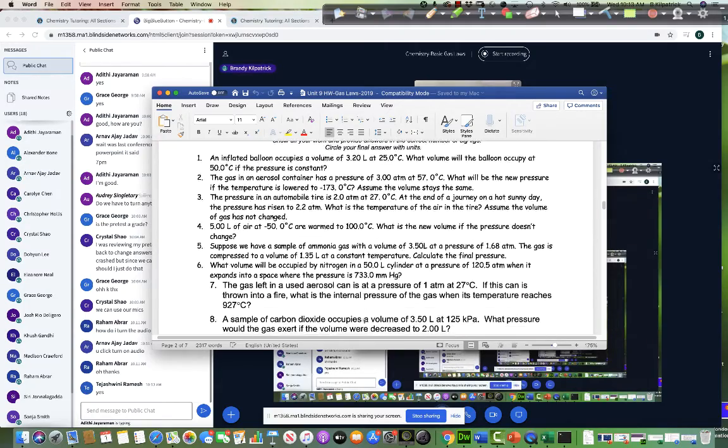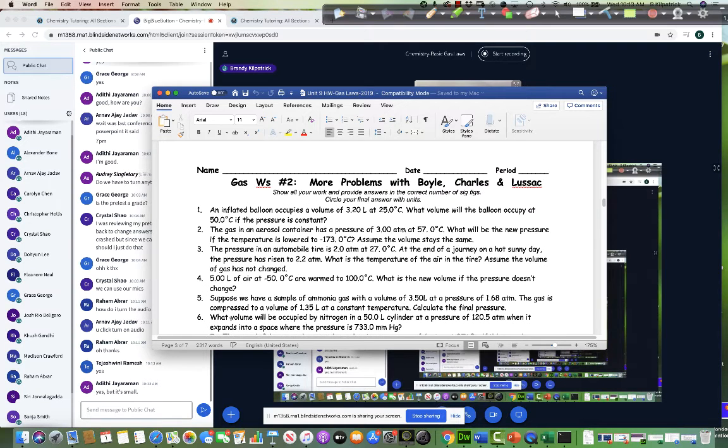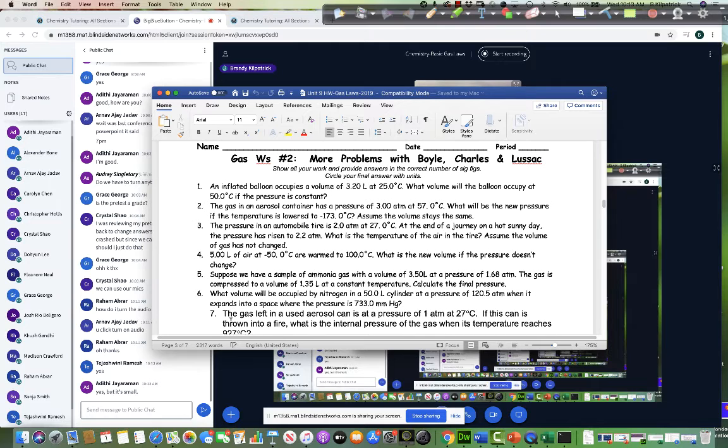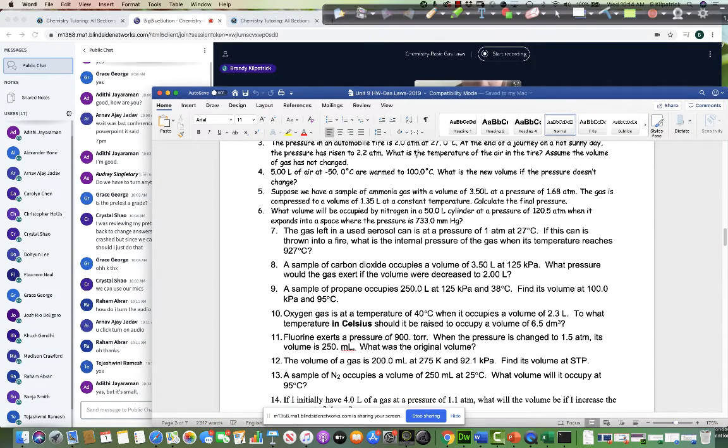All right, so I thought we could do a few of these from worksheet number 2. Does anybody have any of these problems that you'd like me to go over in particular? Otherwise, I'll just pick one. It's small. Is that a little bit better?